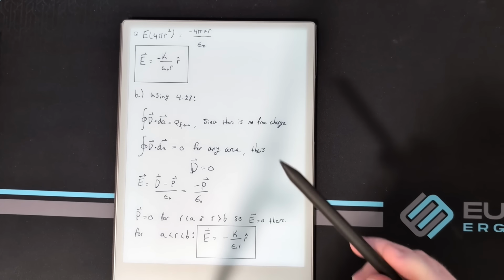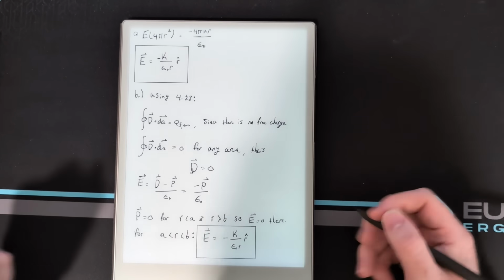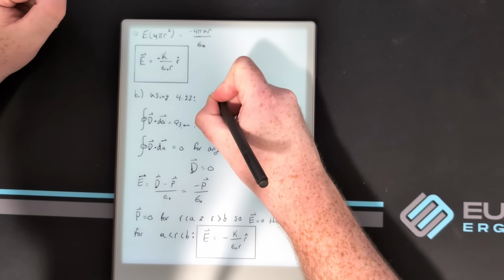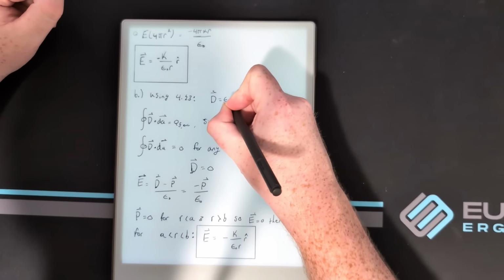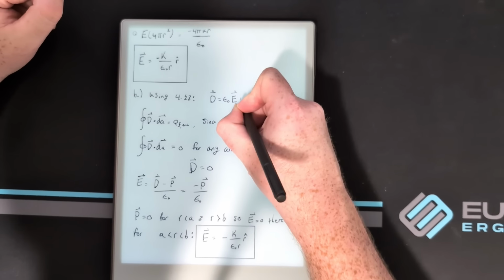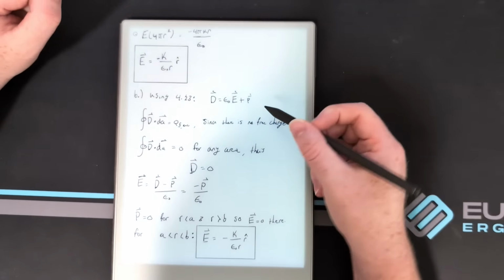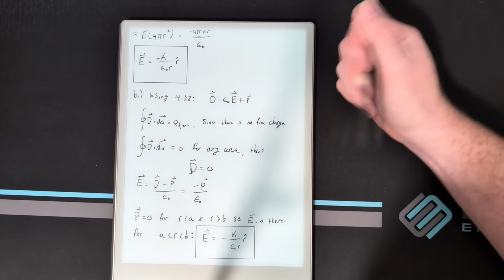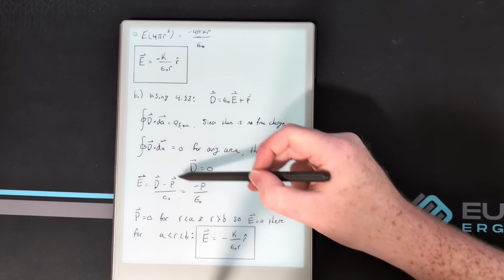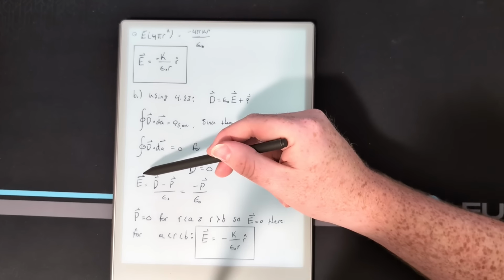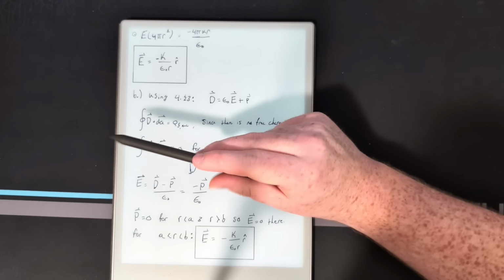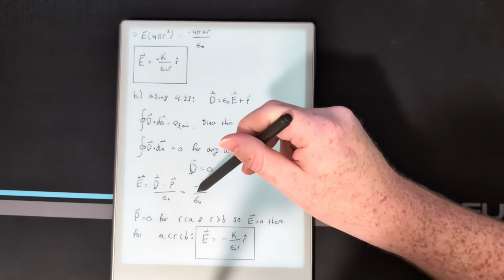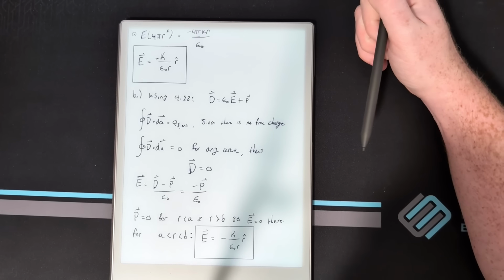Now, like I said, let me just write this here. We know that D is equal to epsilon naught E plus P. So the electric field is equal to D minus P divided by epsilon naught. That's where I got this relation here. Of course, D is going to be 0, so our electric field is just going to be minus P over epsilon naught.